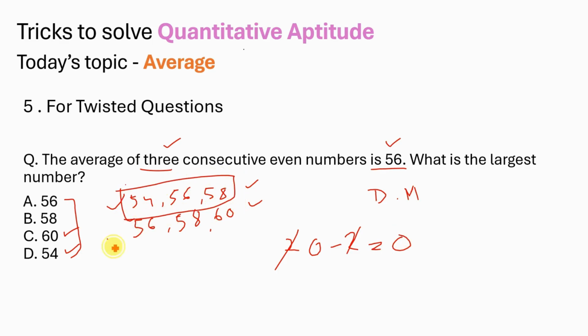Now let's quickly check the second group as well. 56 minus 56 is 0, 56 minus 58 is minus 2, and 56 minus 60 is minus 4. So the sum is minus 6. Obviously this is not the correct group, because the deviation is not 0. So our first group is the correct group. The largest number of this group is 58, so option number B is our right answer.